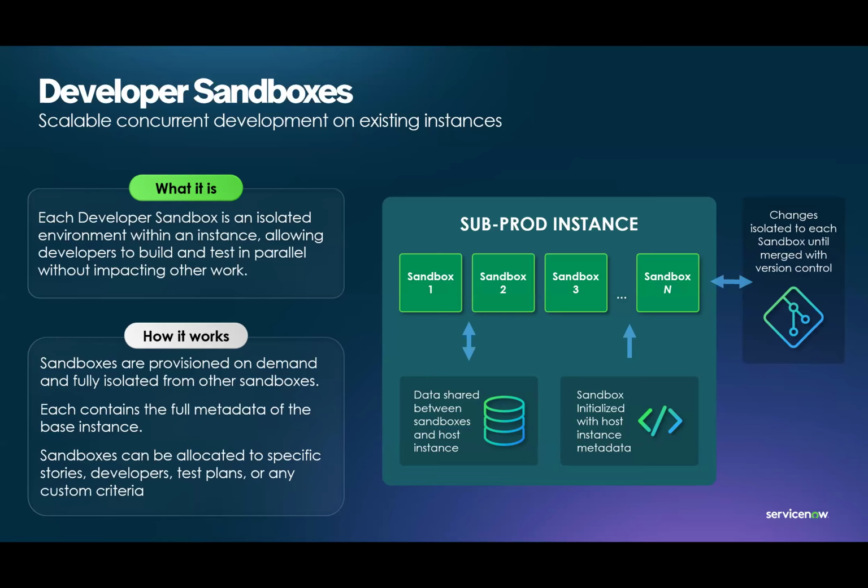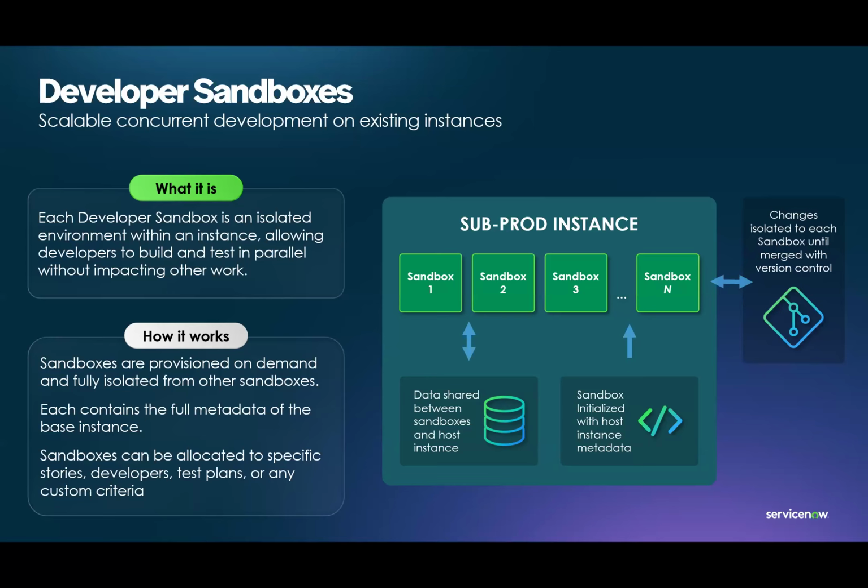And so what's really powerful is there's a relationship here between the subprod instance and the sandboxes. When a sandbox is provisioned, it basically starts with the baseline snapshot of the current subprod instance.